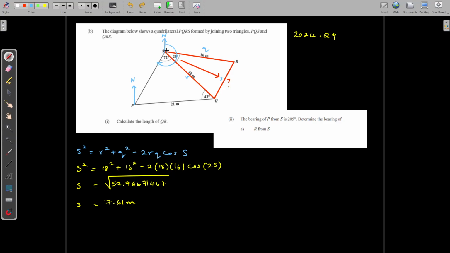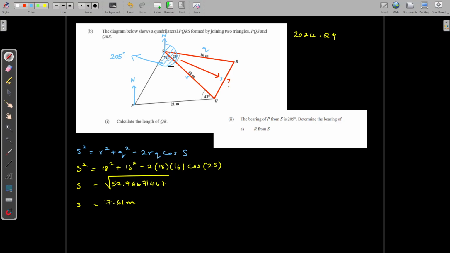Always remember that. They told us that all of this up here is 205 degrees.